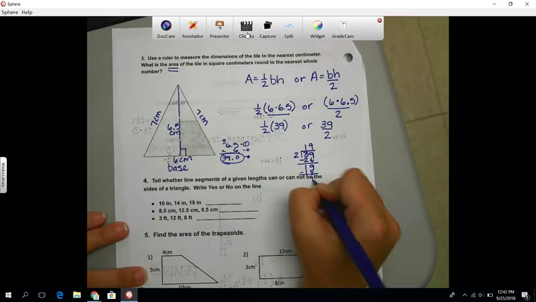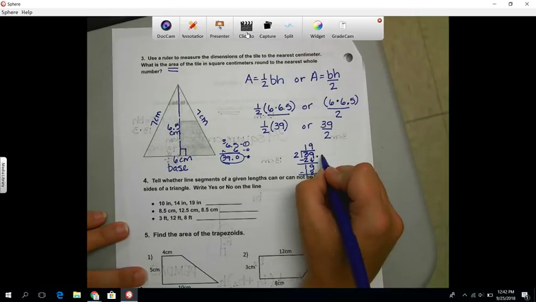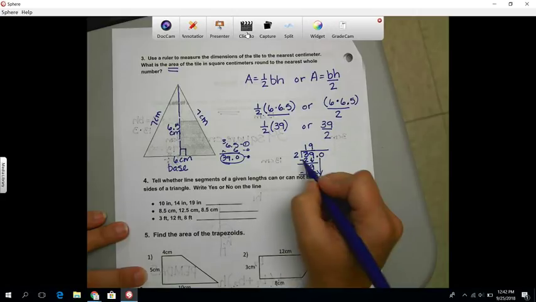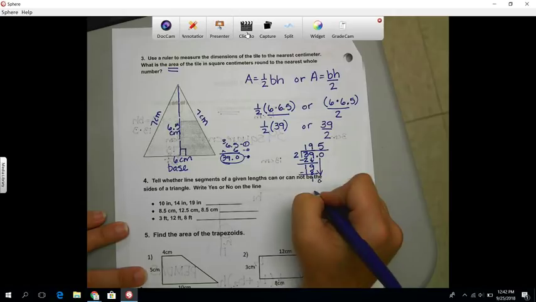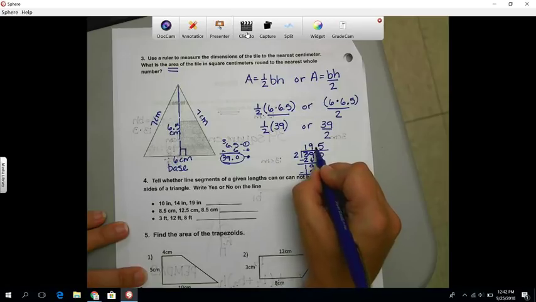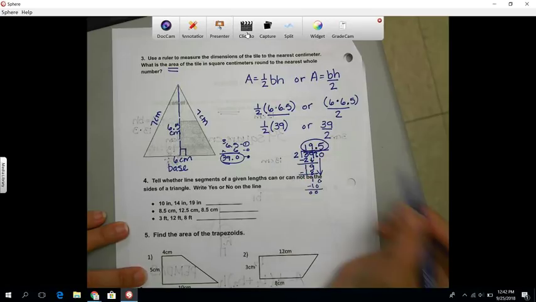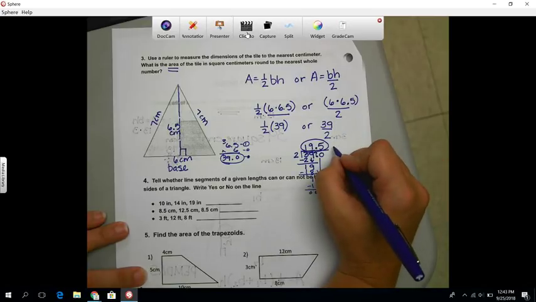Subtract, we get 1. We can't leave a remainder, so we need to add our decimal and our 0. Now we bring down our 0. And we know 2 can go into 10 5 times. So 5 times 2 is 10. We subtract and now have 0. And my decimal is going to go straight up. So now my answer is the area is 19.5 square centimeters.